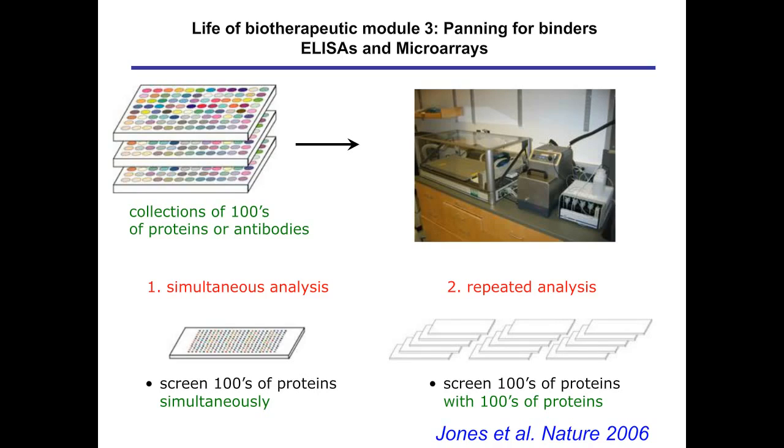So in this method, we use protein microarrays. We took the collections of the hundreds of SH2 domains and arrayed them onto the surfaces of glass slides. Using this method, you're able to screen the interaction potential of hundreds of proteins on the slides simultaneously with hundreds of other fluorescently labeled proteins or peptides.